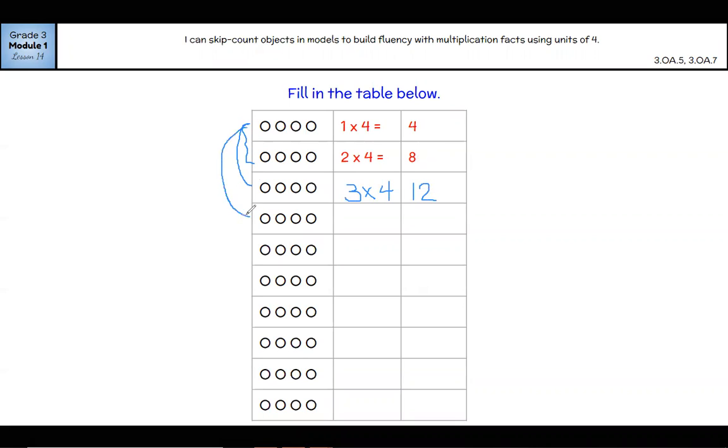If we add on the fourth row, that gives me 4 times 4, and that makes 16. Adding on a fifth row gives me 5 times 4, and that makes 20. Adding on a sixth row gives me 6 times 4, and that makes 24. So hopefully you can see the pattern. If I were to keep going, I would have 7 times 4, 8 times 4, 9 times 4, all the way to 10 times 4.